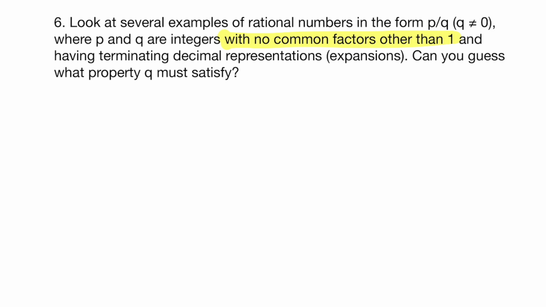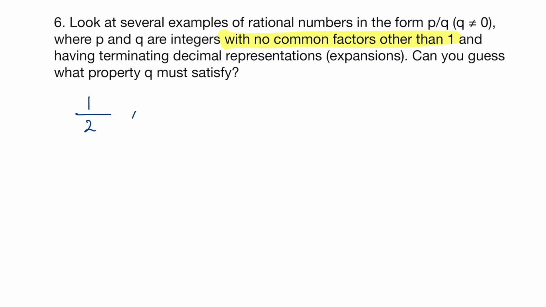Now, first let me take several examples of rational numbers with no common factors other than 1. Let us write those numbers. For example, we could take 1 by 2. Is it a rational number? Of course yes, because p equals 1, q equals 2 and q is not equal to 0, so it's a rational number. So that is one example.